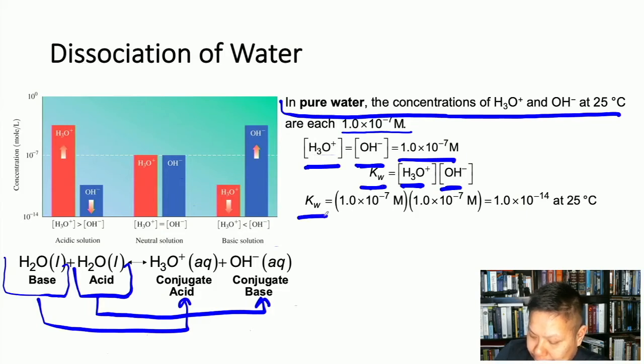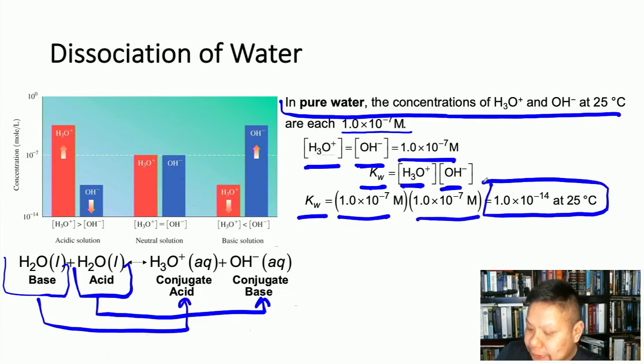Kw is equal to the hydronium concentration times the hydroxide concentration. Let's do that math. 1.0 times 10 to the negative 7 molar times 1.0 times 10 to the negative 7 molar, and what do you get? You get Kw is equal to 1.0 times 10 to the negative 14 at 25 degrees. That's a very important number right there. Kw is that. It's a very, very important number.